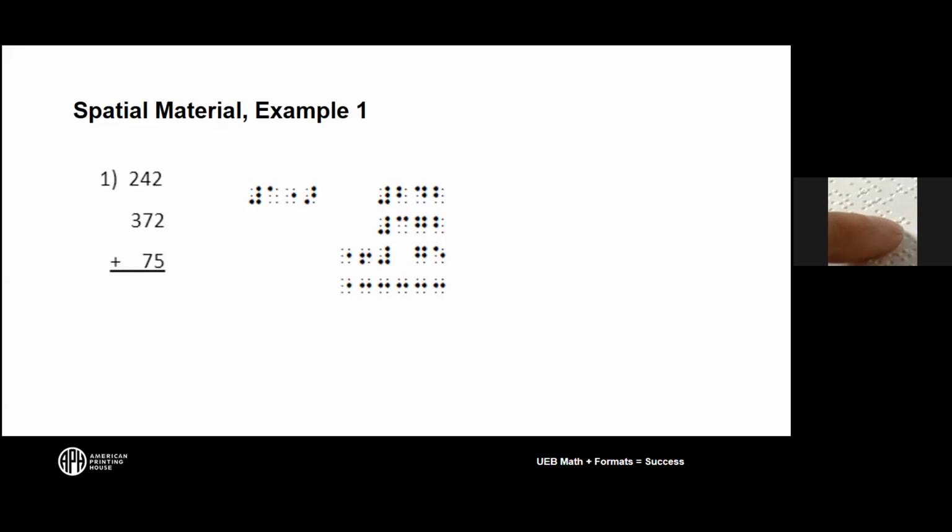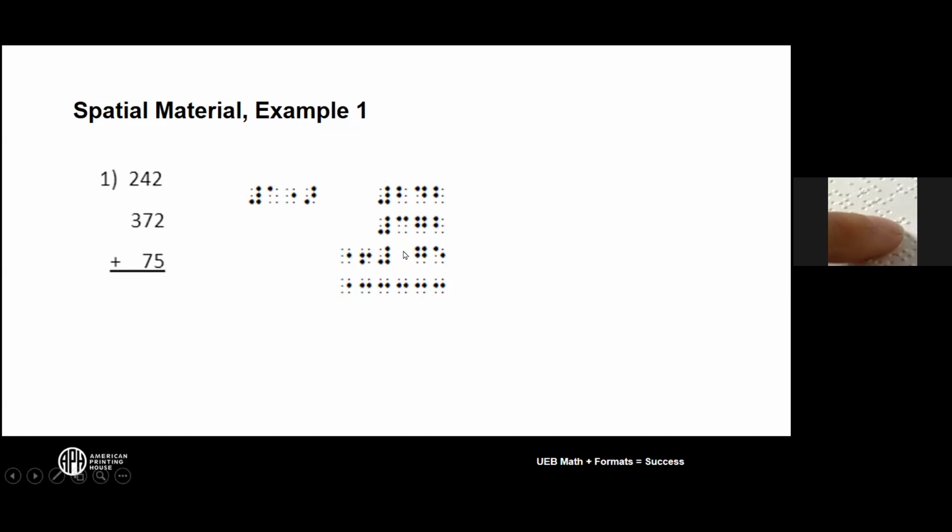So then we've got number 242, and then directly below that, aligned just like it is in print with the hundreds, the tens, and the ones aligned, 372. And then below that, we've got the plus symbol, and that's way over so that all the number indicators will be aligned. Please remember that a space following a numeric indicator still initiates numeric mode.